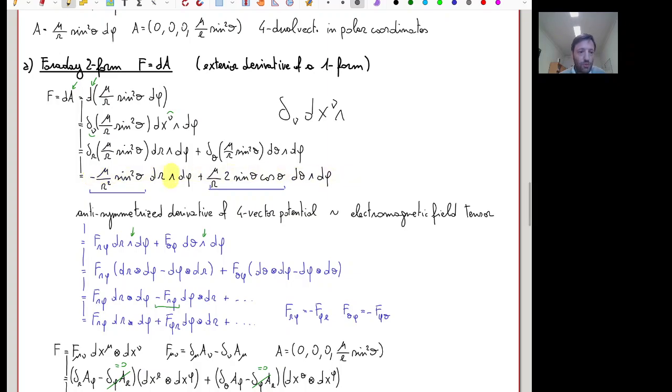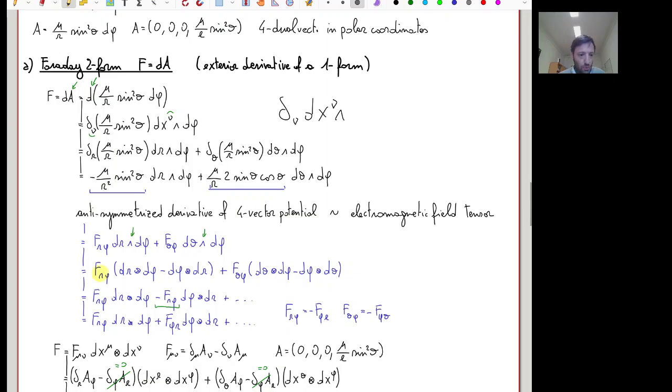What we can do is use the explicit definition of the exterior product. The definition of the exterior product for dr and d phi is this one. The exterior product for d theta and d phi is this one. And you see the minus that enforces the antisymmetry on the final tensor F.